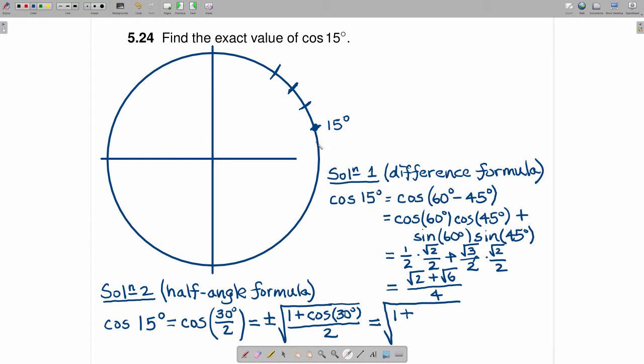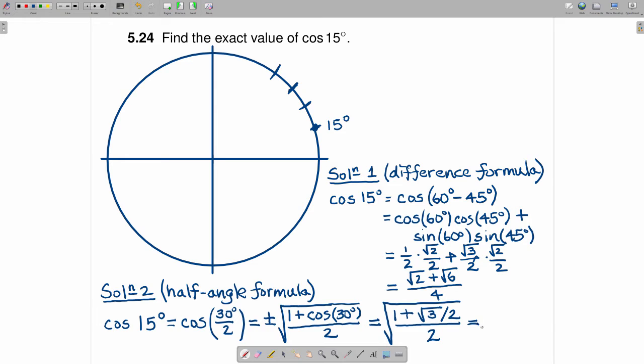Let's go to 30 degrees. 30 degrees shows up right here. And what is the cosine in that case? It is the first component, and that is the square root of 3 over 2. Divided by 2.